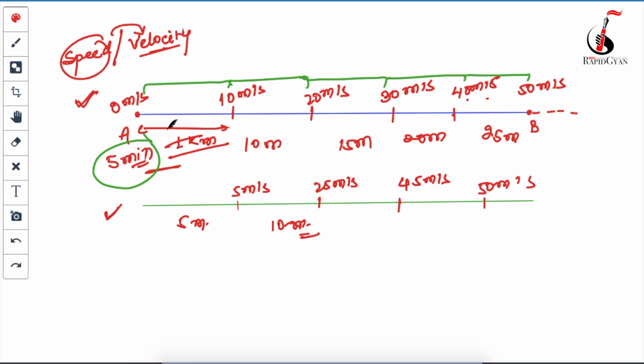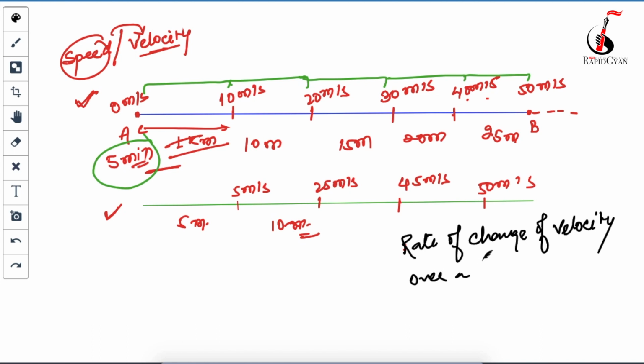As the time is increasing, your velocity is getting changed. So we say that the rate of change of velocity over time is called acceleration.